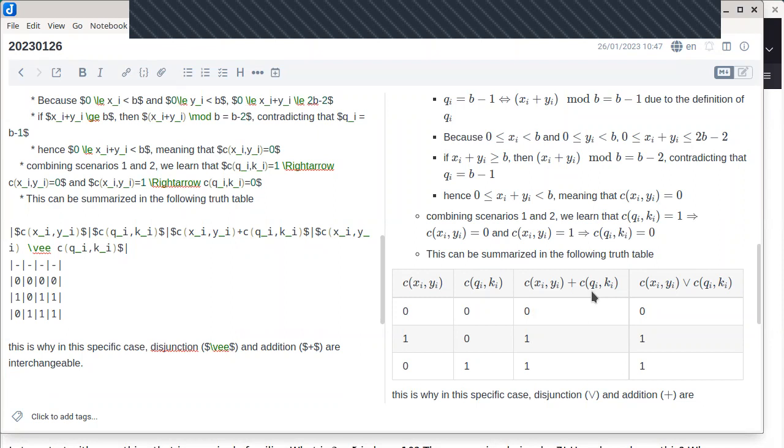In fact, this entire module, binary addition, is to try to figure out how do we compute the sum of 2 binary numbers. So the plus is making this whole thing circular. But if I can convert the plus and say, in this very specific situation, I can also do a regular OR or logical OR, that's a good thing because we know how to implement a logical OR using transistors.